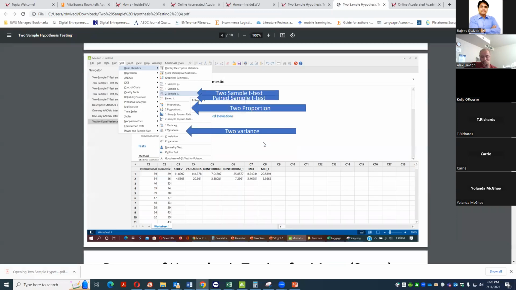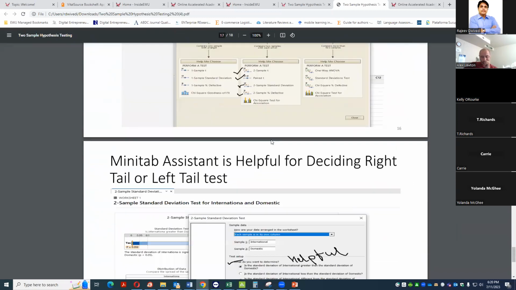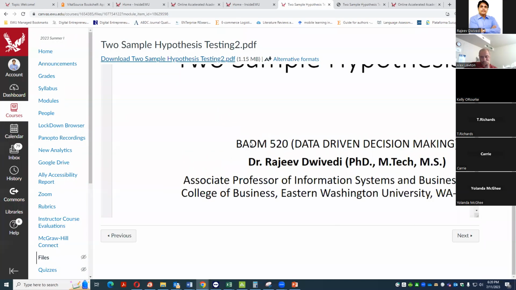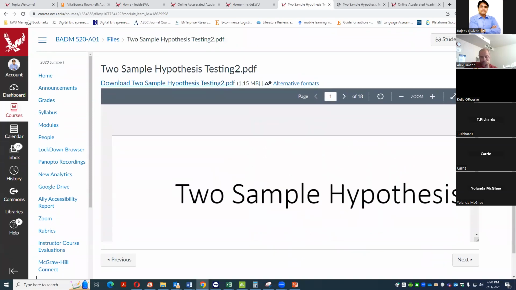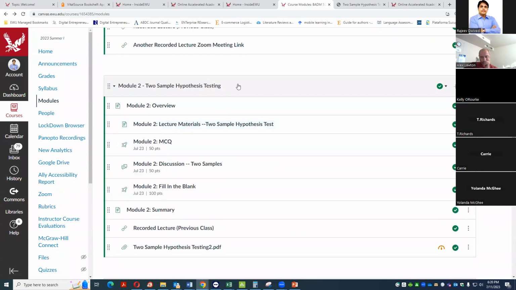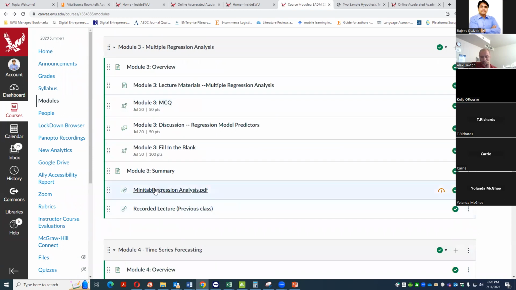This is based on Minitab, how you can process your data. Please browse through the module and you will see everything right here. There is a recorded lecture, 2 sample hypothesis testing, and a PDF based on Minitab. Similarly, multiple regression, Minitab regression, and a PDF. So this is also useful.